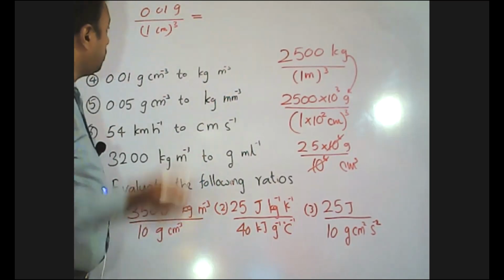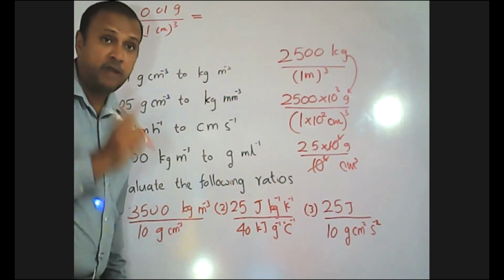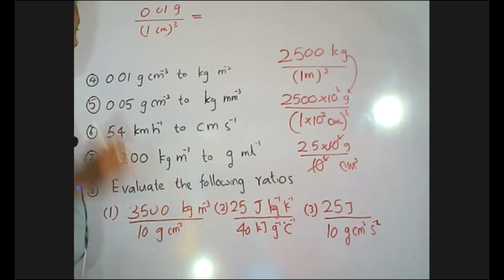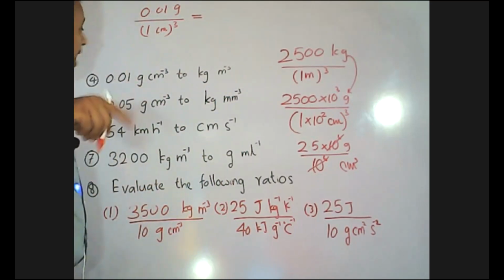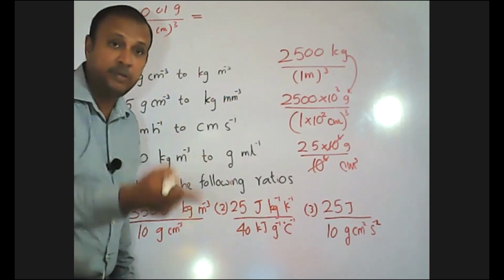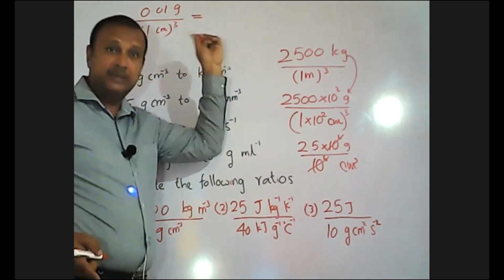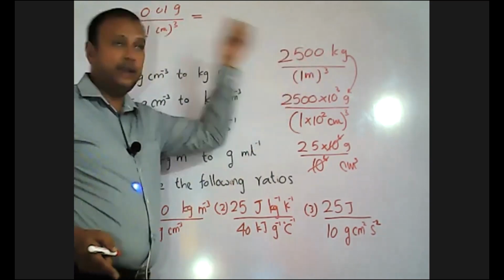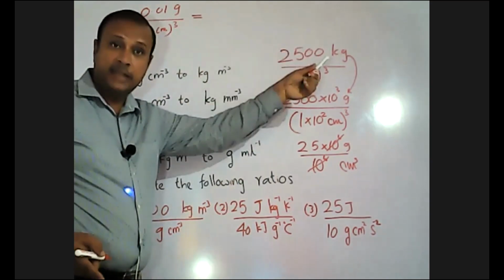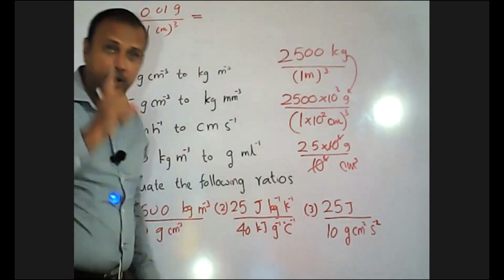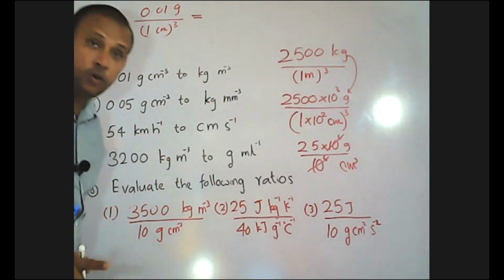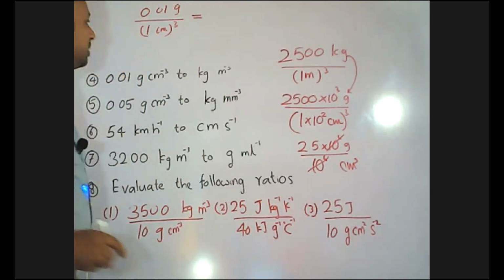Now I have to convert gram into kilogram. Gram into kilogram is a smaller scale into a larger scale. So you have to divide this one by the ratio between two scales.